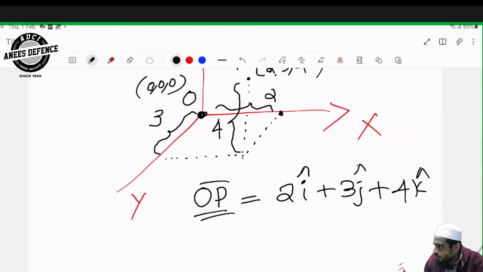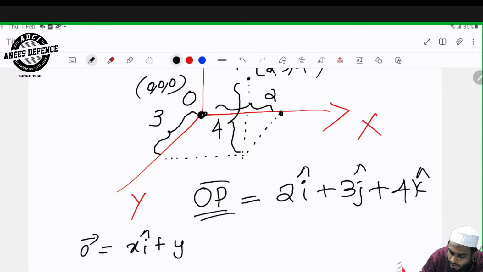Understood? So if you want to calculate the magnitude of this one, what do you have to do? For example, if you have a vector A represented as xi plus yj plus zk, the magnitude, meaning the length of A, is the root of x component squared plus y component squared plus z component squared.